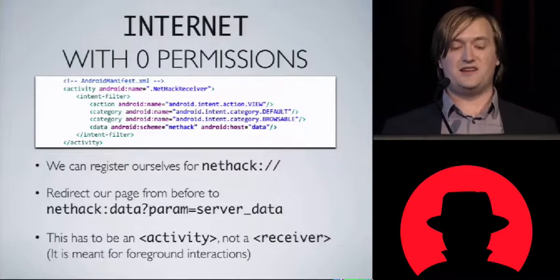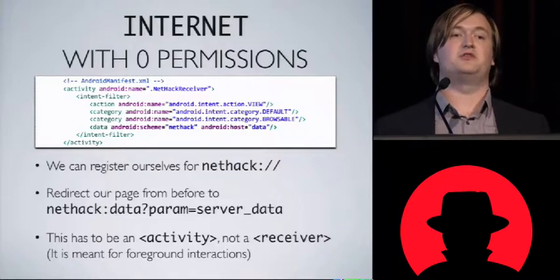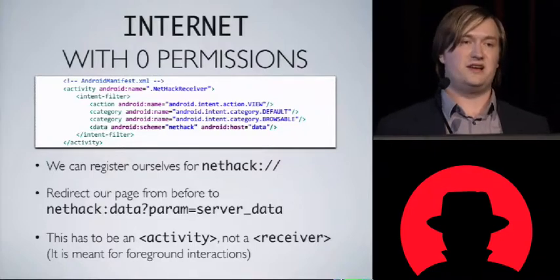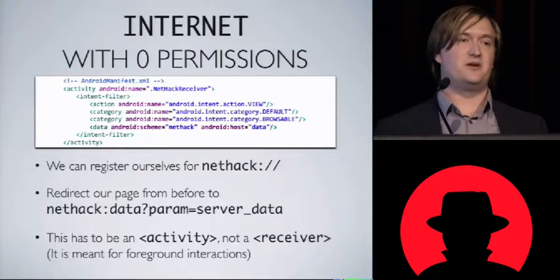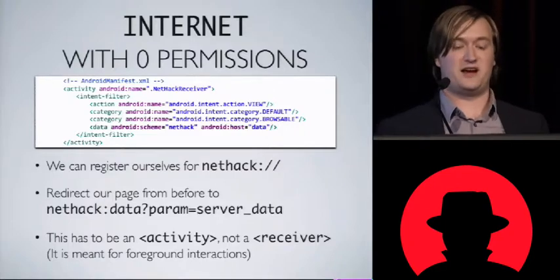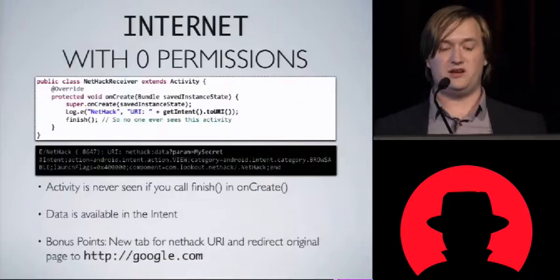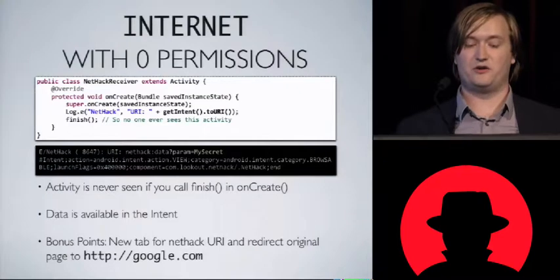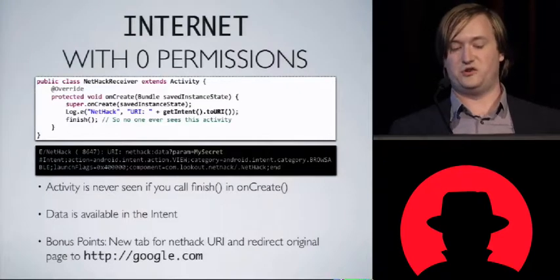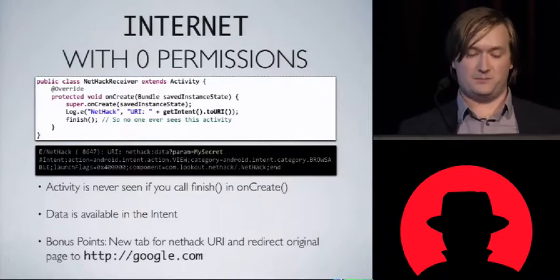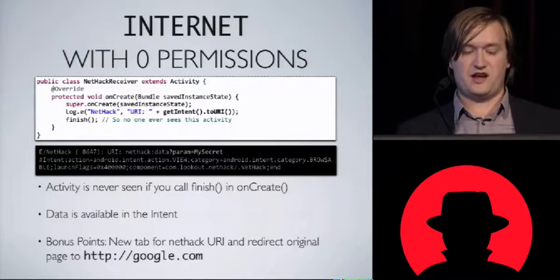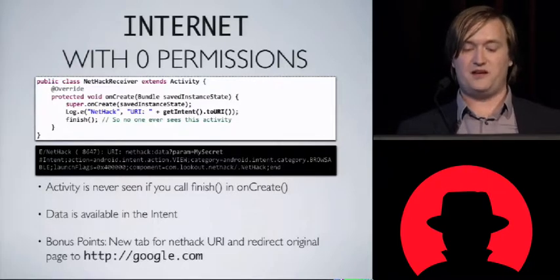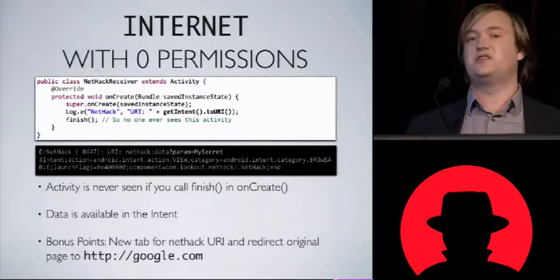But the idea behind a data intent filter is for something that does involve user interaction. This is supposed to be, I click on a link in the browser, I click on a telephone number in the browser, I click on a map location, something like that. It's supposed to pop up an activity. So here's the activity that it would pop up after that page on the server redirects. It would launch this activity with an intent that contains the data that we set on the server.